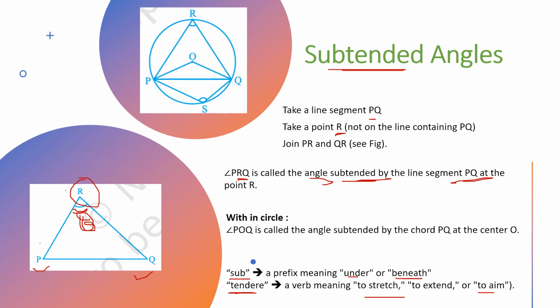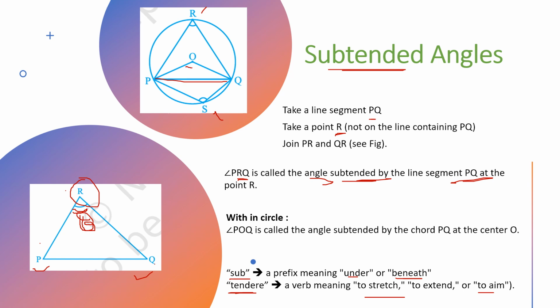Now imagine the similar structure of lines inside a circle. Now what is this PQ? I can call PQ a chord. R and S are two points on the circumference of the circle, and O is the center of the circle. Now join PO and OQ.